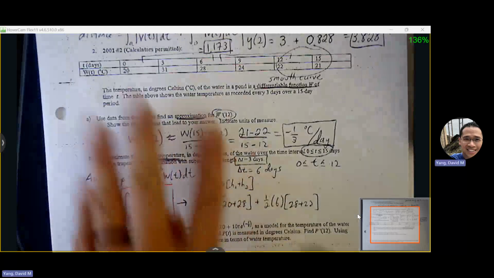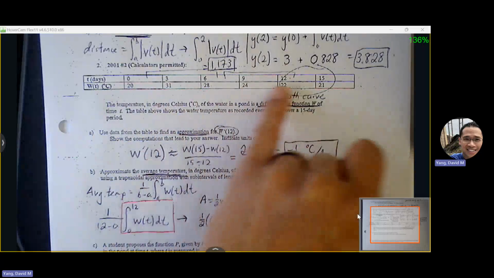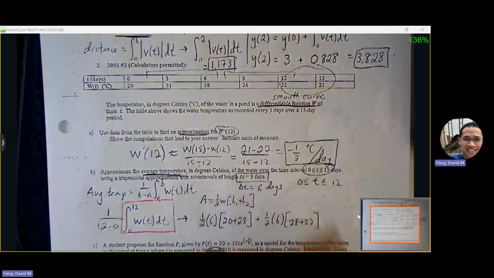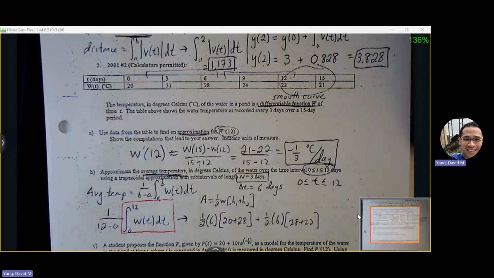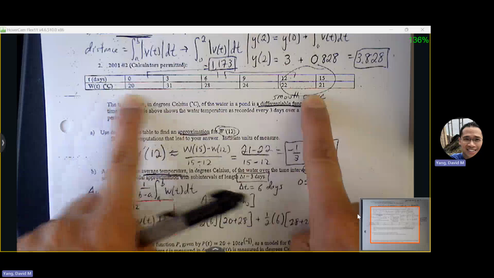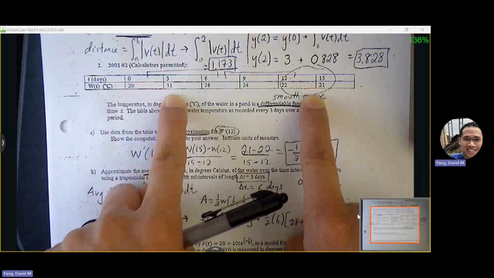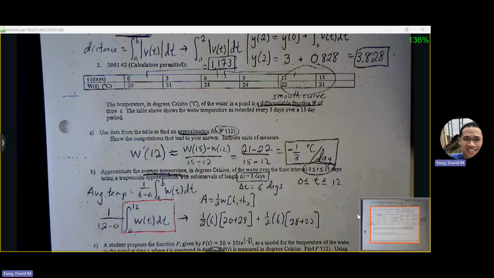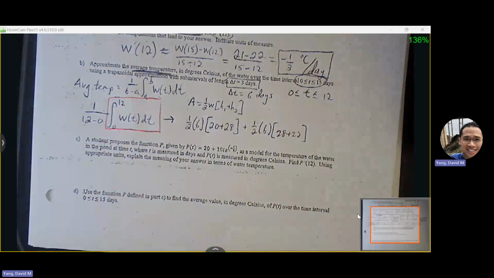And then we should be expecting something in the range of between 20 and 31, right? If we get our average temperature to be like 50 degrees, that doesn't make sense, right? Something doesn't go quite right. We know it's got to be somewhere between 20 and 31 because 20 is the lowest and 31 is the highest. We can't have an average temperature that's below 20 or above 31, right? That wouldn't make sense. So we're just going to add these numbers up.